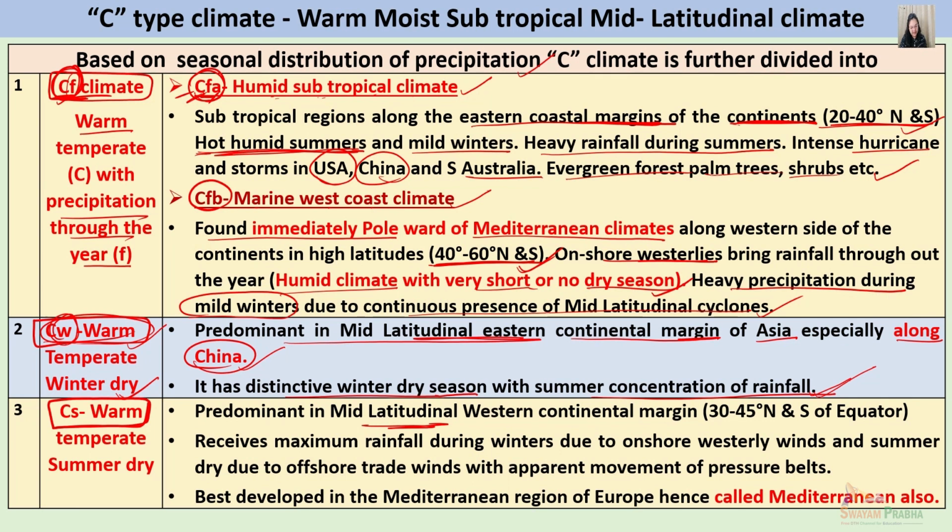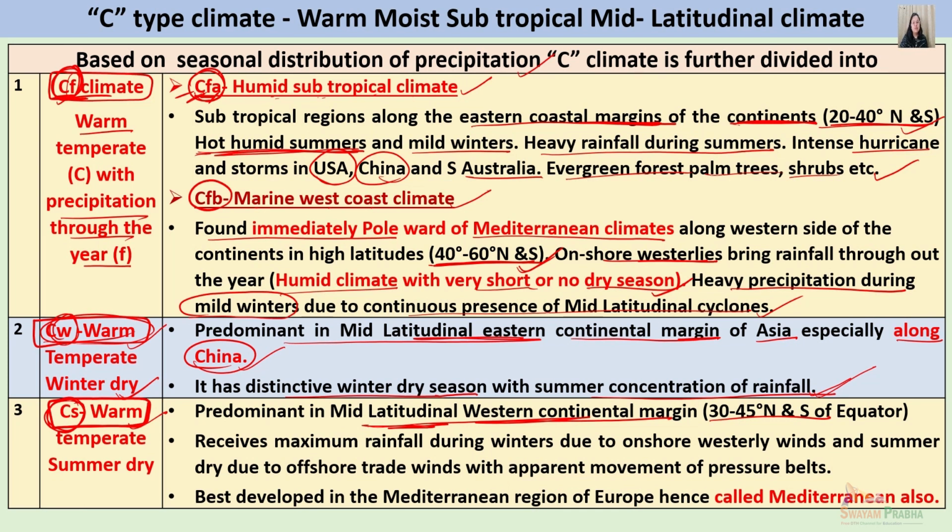Besides this, the third category into which the C type of climate is divided is CS type of climate. These types of climates are predominant in mid-latitudinal western continental margins between 30 to 45 degree north and south latitudes in both hemispheres, but they are extensively developed over the southern European regions around the Mediterranean Sea.